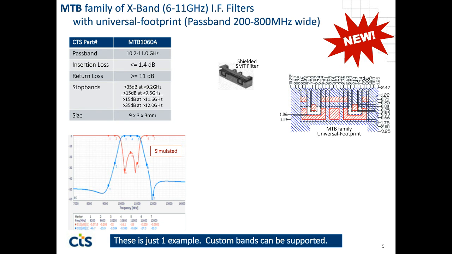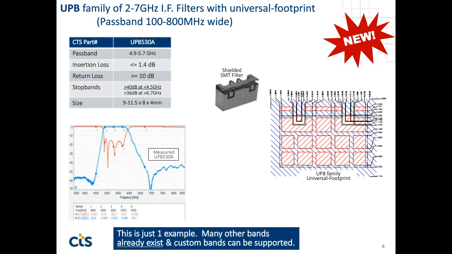The final family that we're going to describe here is the UPB family. This family was originally developed and is still supported for TDD bandpass filters for conventional 5G applications, whether that's band 40, 41, 42, 43, 48, 77, 79, and so on.